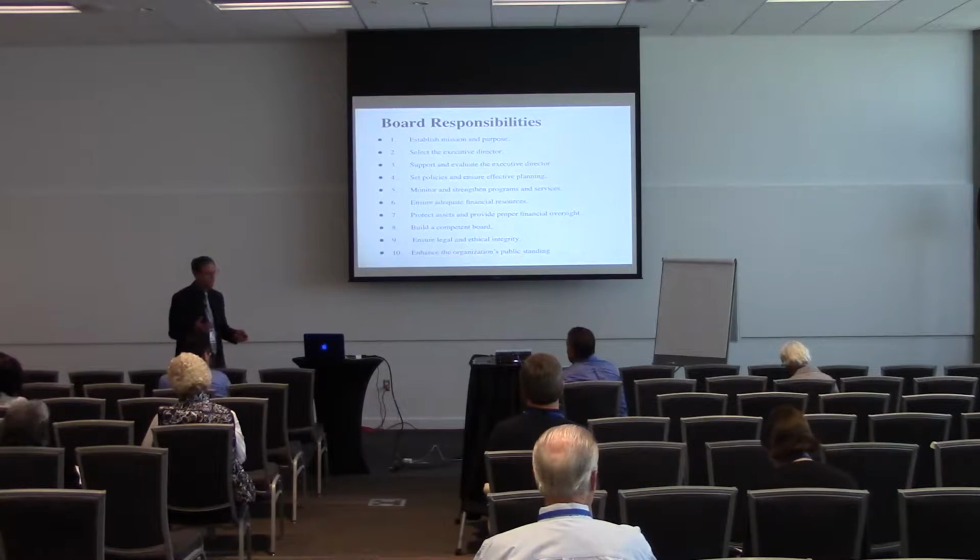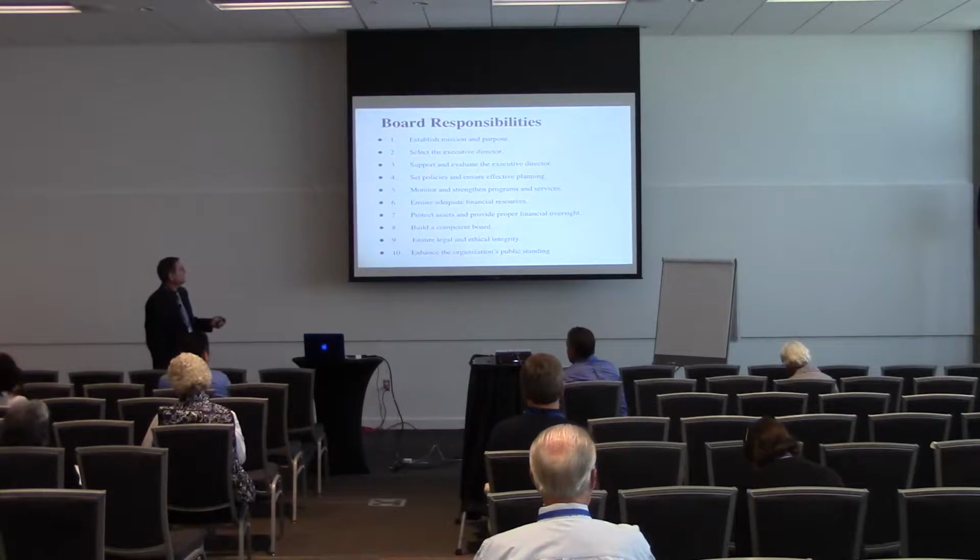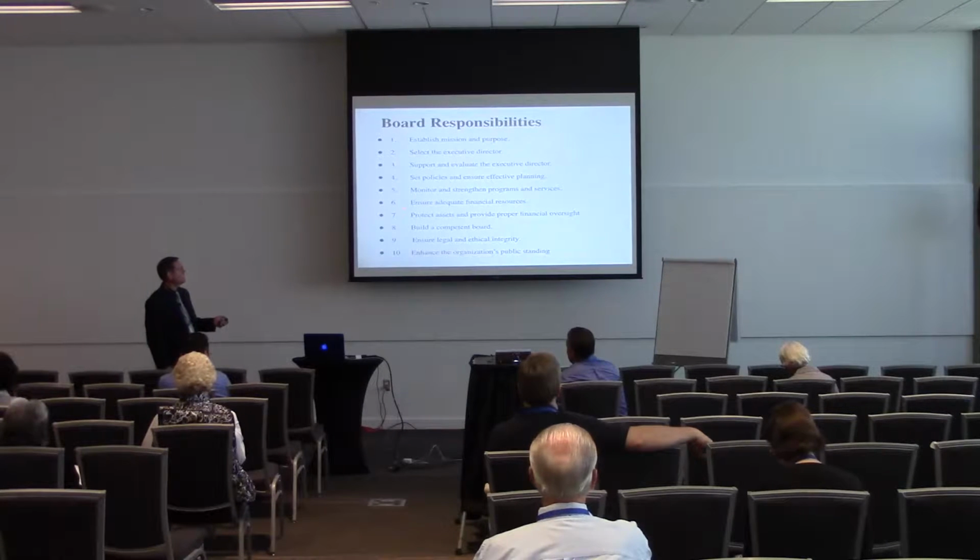And so this is one of the responsibilities of the board. The board has the responsibility to set policies and ensure effective planning. It has the responsibility to monitor and strengthen programs and services. It has the responsibility to ensure adequate financial resources.